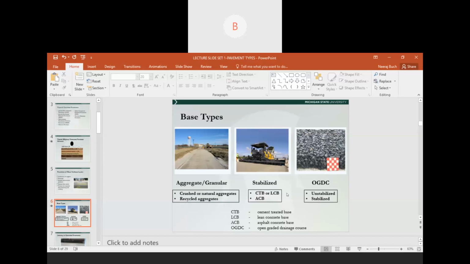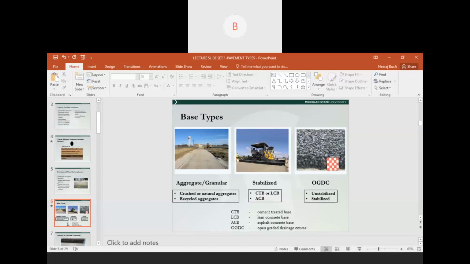You can stabilize the base with liquid asphalt, so that is known as an asphalt concrete base or an asphalt stabilized base. All these bases will have a much higher elastic modulus or resilient modulus as compared to the aggregate or granular base. And of course, the stabilized bases provide more structural capacity to the concrete pavement as compared to an aggregate or a granular base.